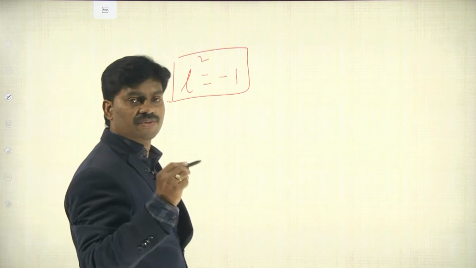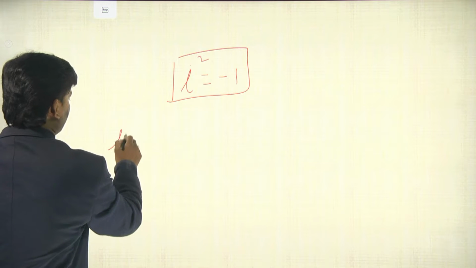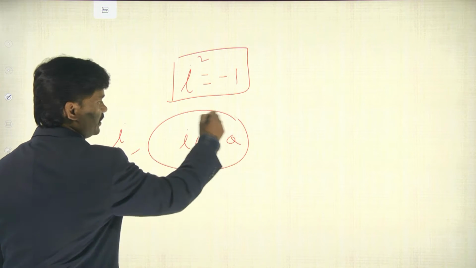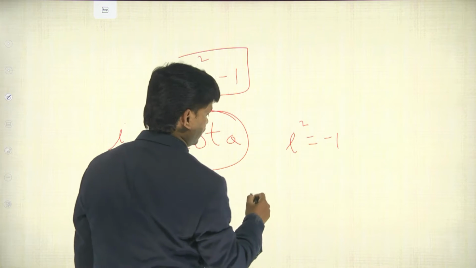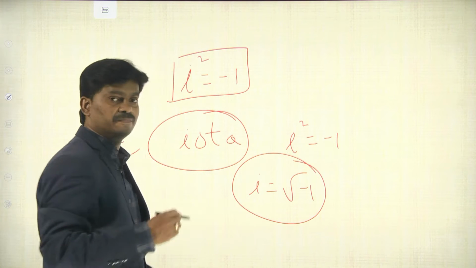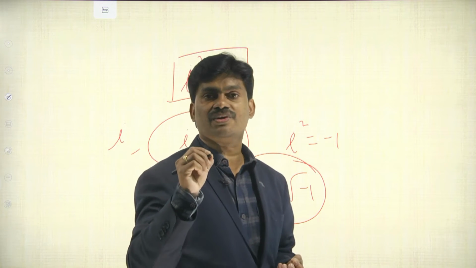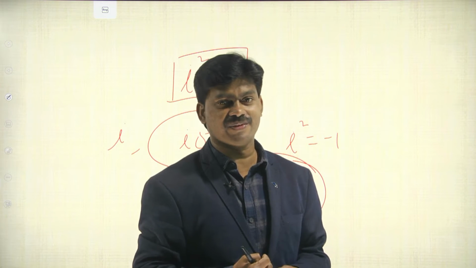The mathematician Euler gave the square root of negative 1 and he defined a symbol i, which is called iota. i squared is equal to minus 1 or i is equal to under root minus 1. That means i is represented as the square root of minus 1. Now we got the solution for our question?